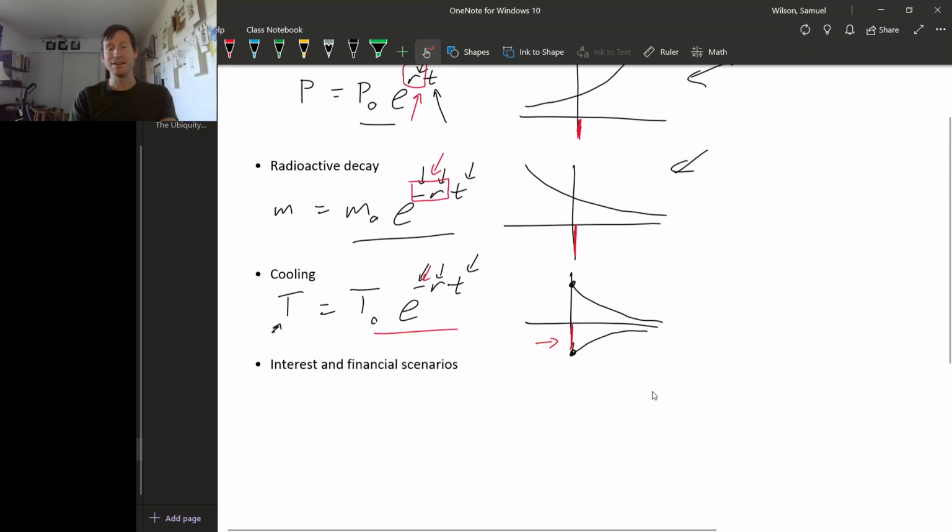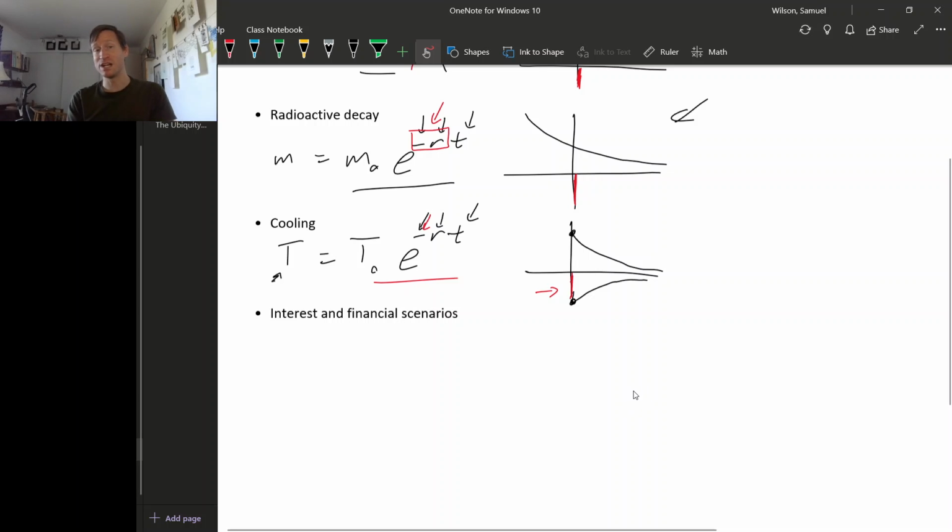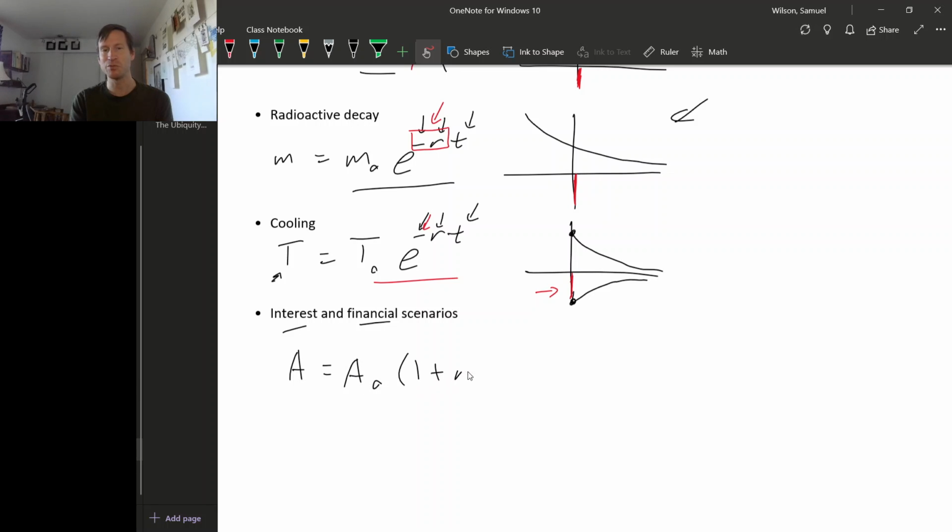One final scenario that is described by exponential functions is in many interest and financial situations. So for example, if you have compounding interest, the amount in your bank account at some future time is the amount at some starting time times (1 plus some growth rate, typically depending on how many times you compound per year, divided by k) to the power kt.